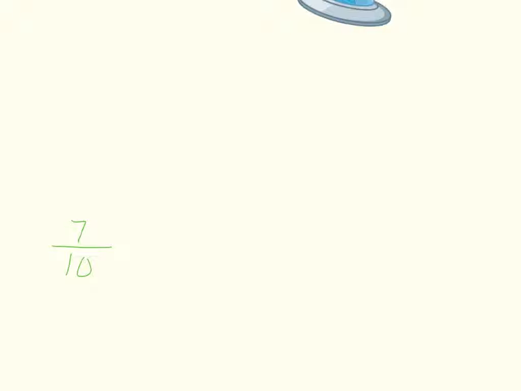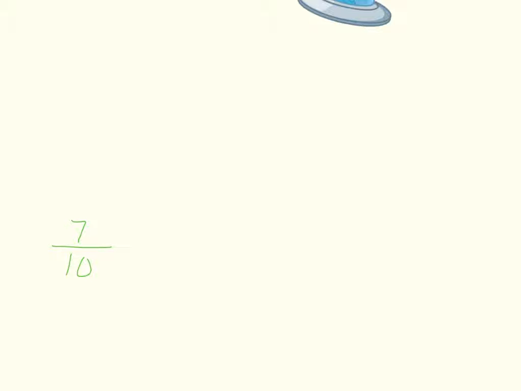So the question was, what if I only gave you a fraction like this, 7/10, and I told you that you needed to change that fraction into a decimal? Then what would you do? Well, here's a little trick. This line right here in the middle of the numerator and the denominator actually means divide. So you're going to be doing some dividing.